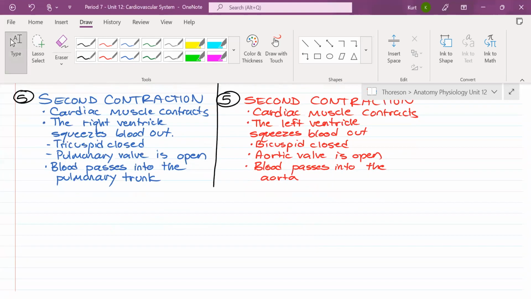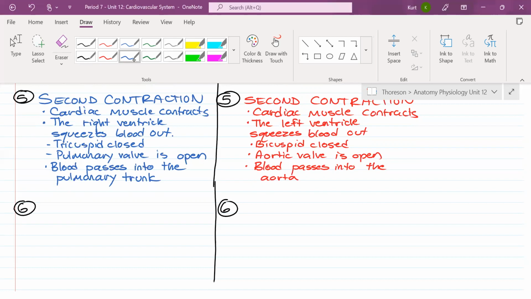And then finally, step 6. Once blood is in the pulmonary trunk, what does it exit the heart out of and where does it go? Where does it exit? No, not the left side. Or excuse me, I said that wrong, Eva.